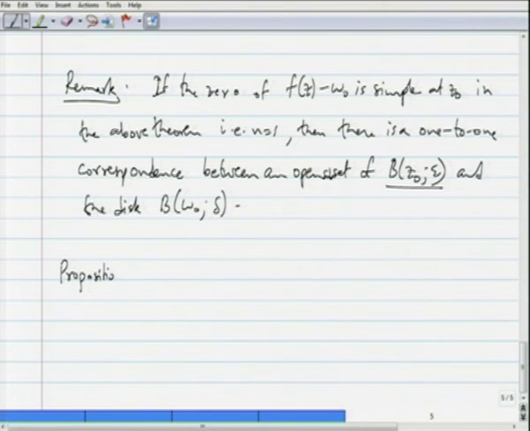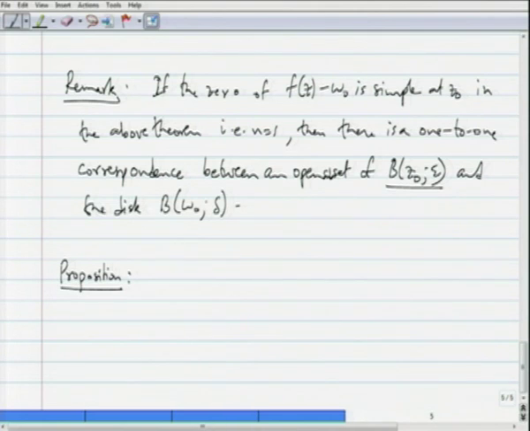By the open mapping theorem, we can say that an open set is carried to this here, and so an open subset of B z naught epsilon is mapped in a 1-to-1 fashion to B z naught delta. That is a remark. And then we will see some more results following from this important theorem we saw in the last session.